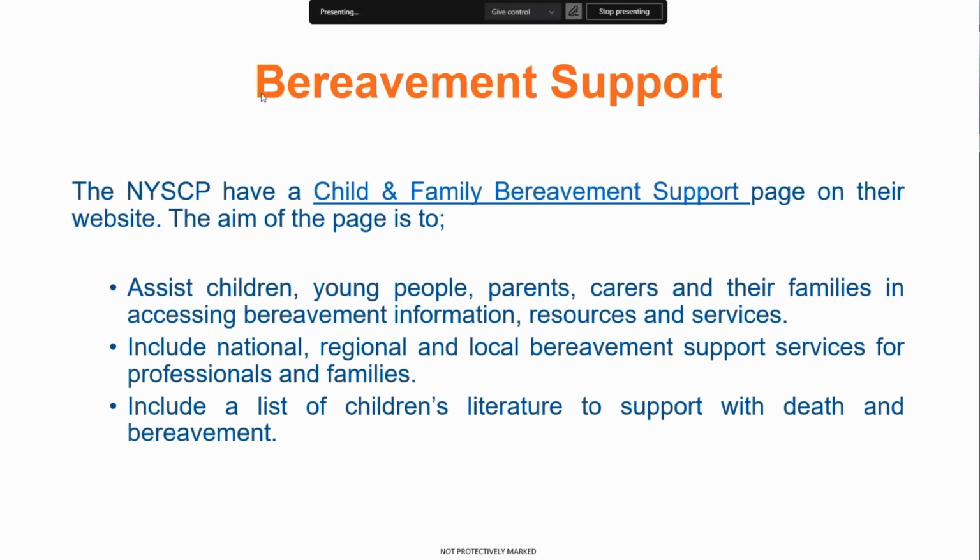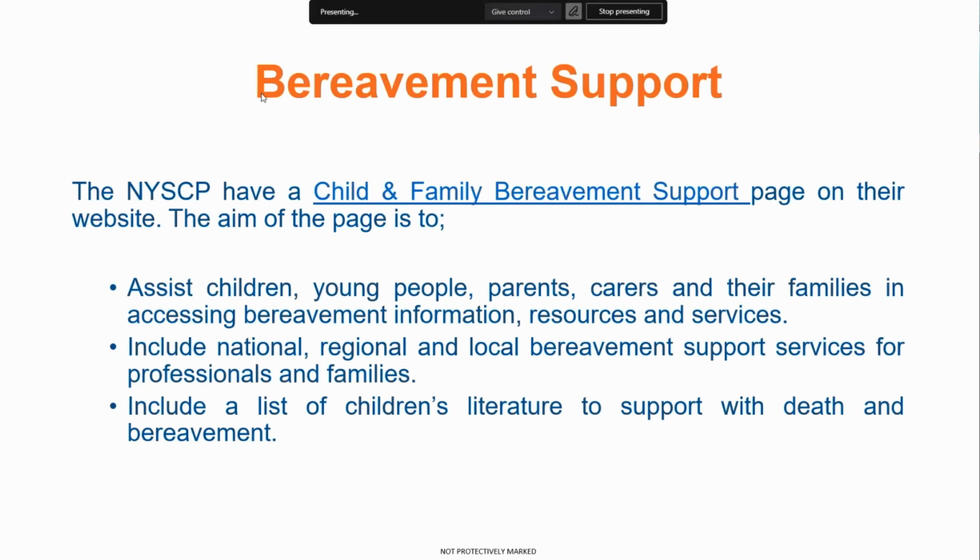We have on our website the Child and Family Bereavement Support page, and the aim is to basically assist children, young people, parents, carers and any other family members in accessing bereavement information, resources and services.